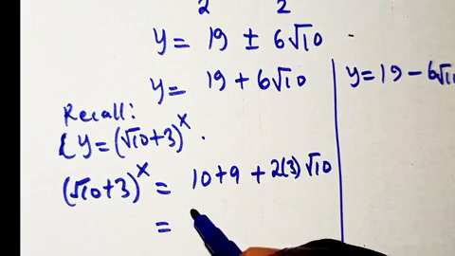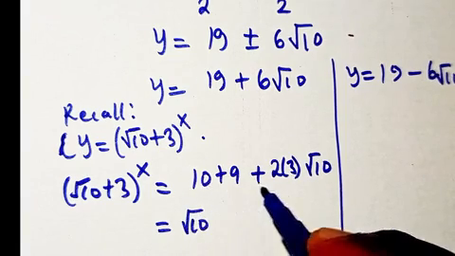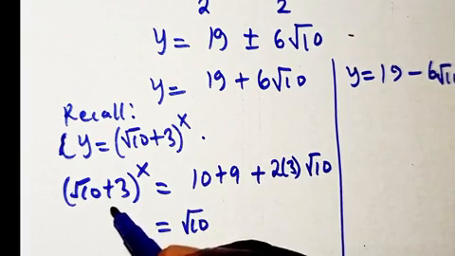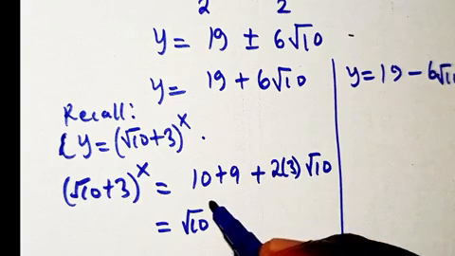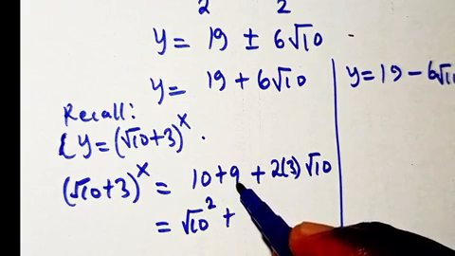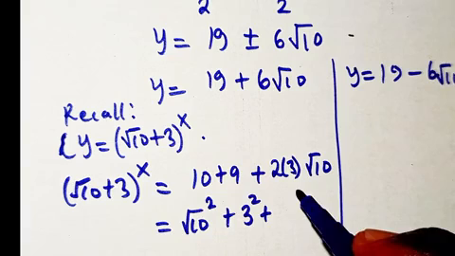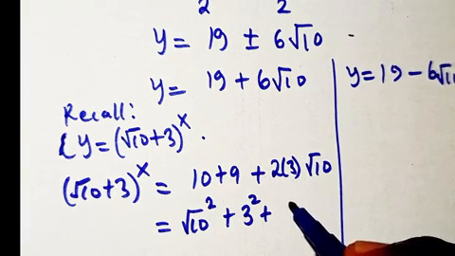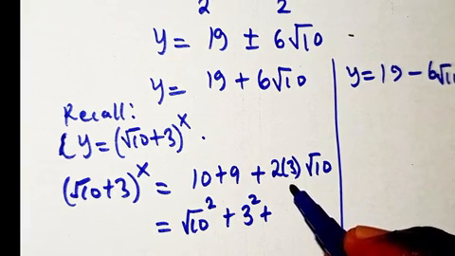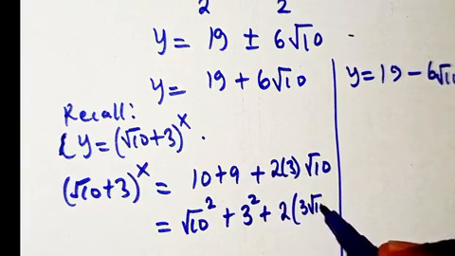The 10 can be written as root 10 squared, because I want to write it in terms of root 10 plus 3 inside the parentheses. That's why I'm doing all of these manipulations. So 9 is 3 squared, plus 2 times 3 root 10.